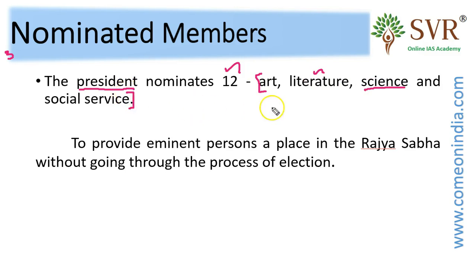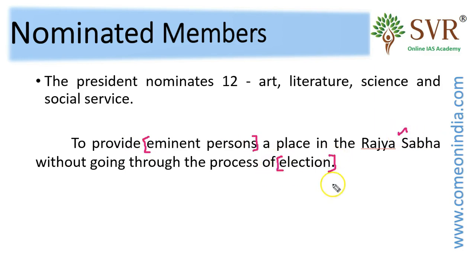The persons who are eminent or experts in these fields are eligible to be nominated to the Rajya Sabha by the President. The reason for providing nomination is to give these eminent persons a place in Rajya Sabha without going through the regular process of election.